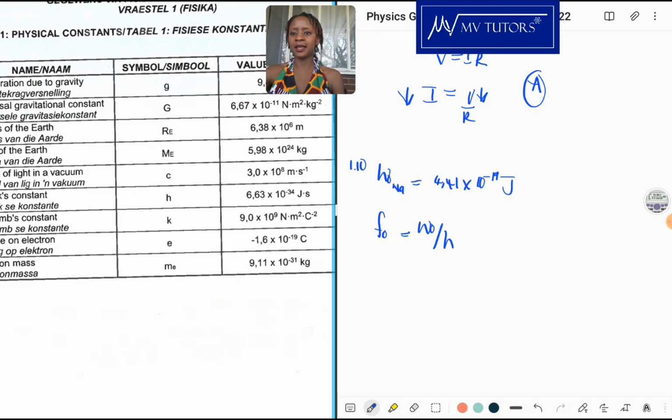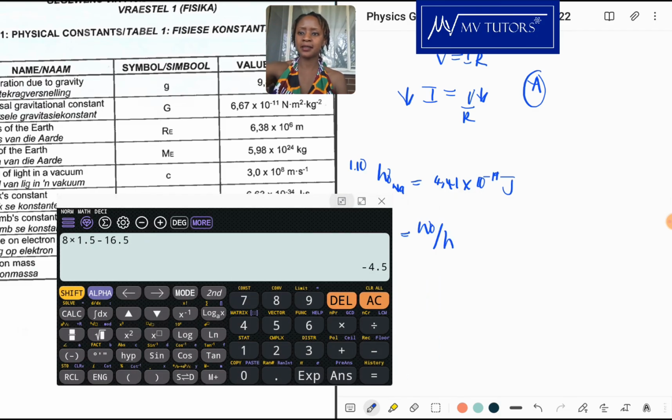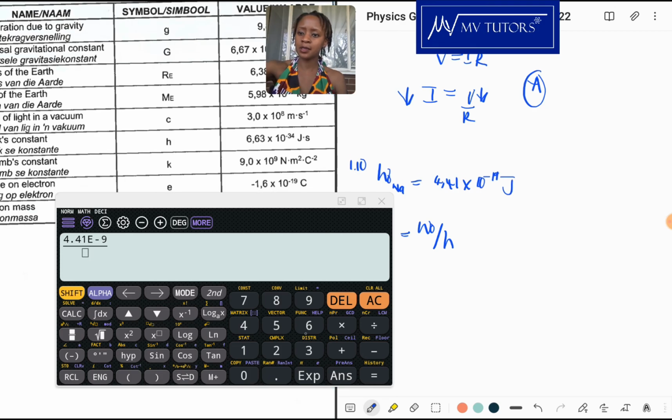So let's just calculate that and see what we get as our answer. Work function was 4,41 times 10 to the power negative 19, and Planck's constant is 6,63 times 10 to the negative 34. Okay, so we get 6,65 times 10 to the negative 19.